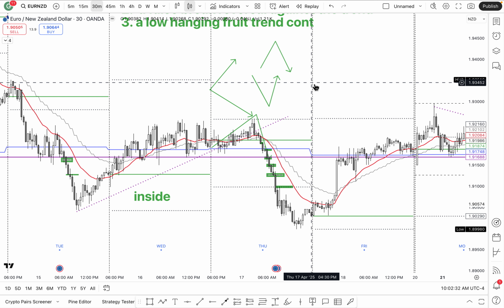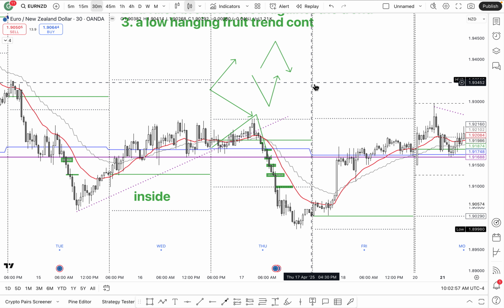False break reversals are the beginning of explosive moves. These explosive moves can be inside of the box, a box within a box. So you can have a larger box and a smaller box within that large box, and you can have an edge of the box reversal. It can all come out of a what? An inside day setup.